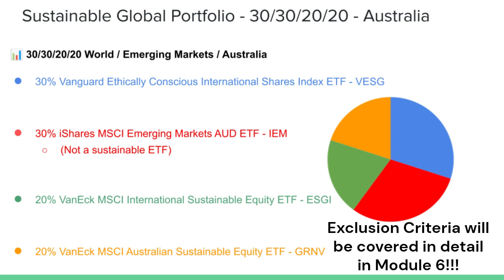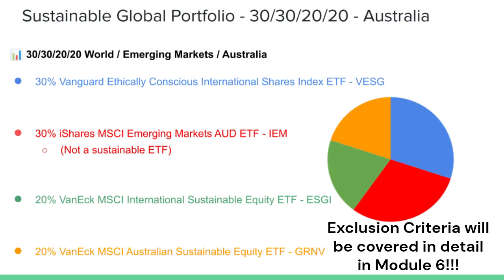The reason why we did this 30-30-20-20 is that way we have maybe about 30 to 40% of US stocks in the whole portfolio, and then you also have a strong Taiwan, China, Japan, Australia component as well, with the GRNV component. So this is how you're going to stay diversified in this aspect.